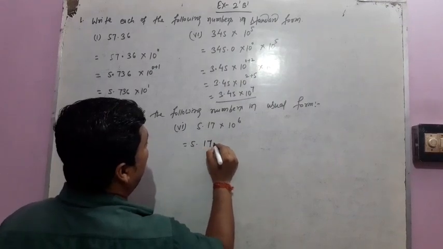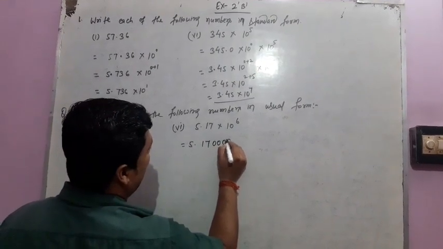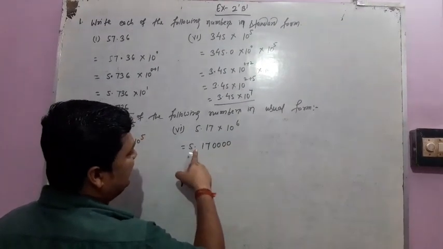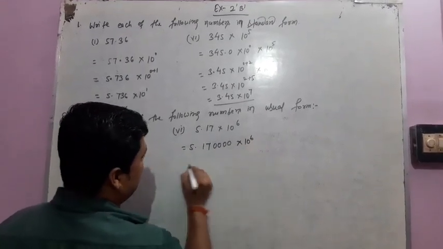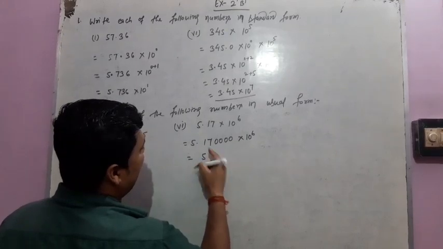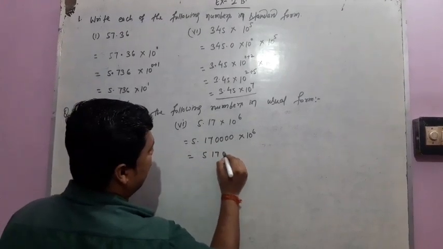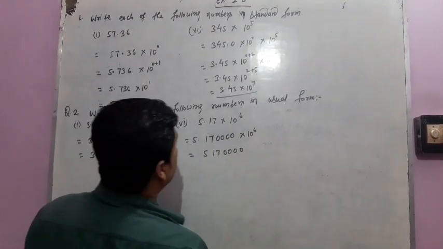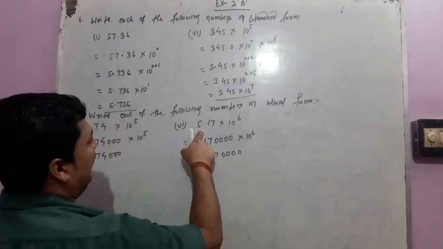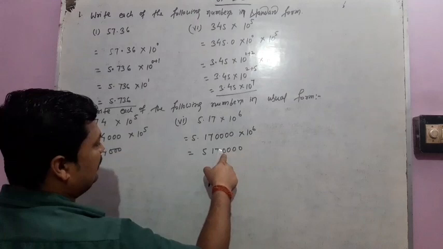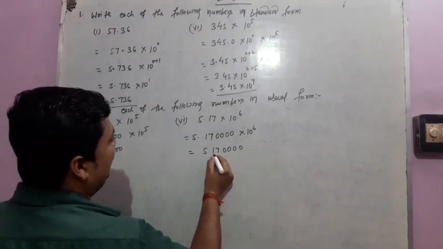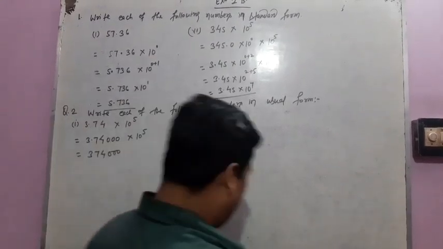So we have to put 4 more zeros to make the number of digits after the decimal 6. 1 2 3 4 5 6 into 10 to the power 6. Now we put the decimal after the 6th digit. So the usual form of 5.17 into 10 to the power 6 is 51 lakhs, 70,000.